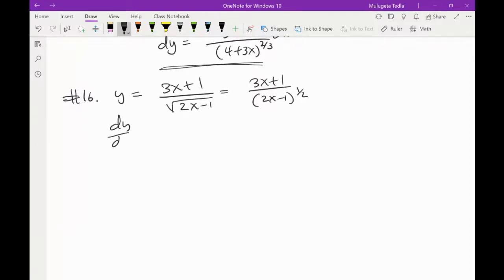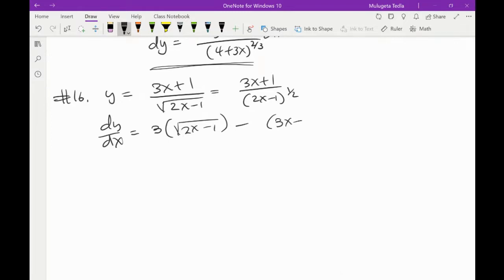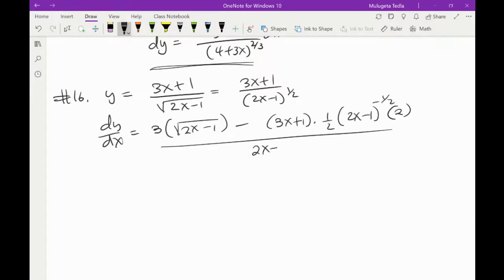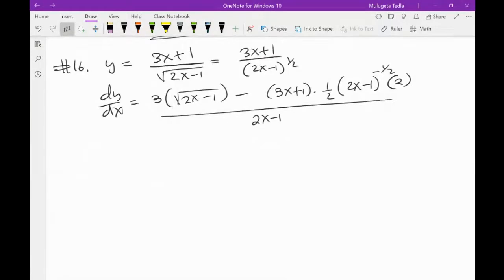The derivative dy by dx is the derivative of the top, 3, times square root of 2x minus 1, minus the top times the derivative of the bottom, half times (2x minus 1) to the minus half times 2, over 2x minus 1, since the square root squared is just 2x minus 1.